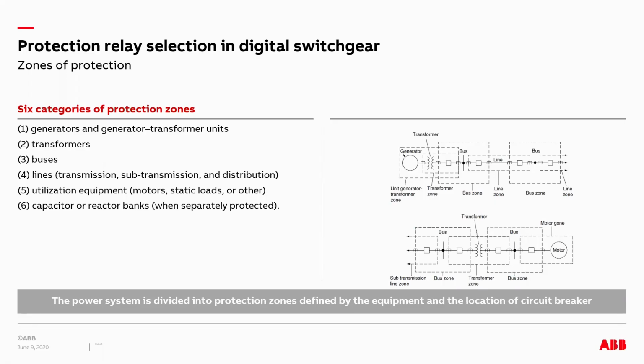The zones are also categorized based on the utilization equipment, for example motors. If there's a motor that's a load, that's equipment to be protected. And the other category is a capacitor or a reactor bank, where separate protection is needed. So this is how the power system is broadly categorized.